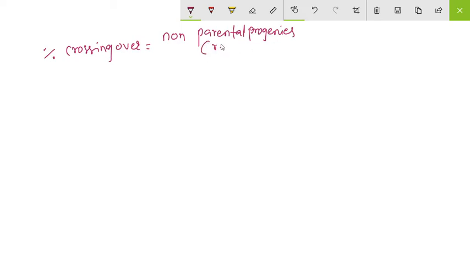We know the formula: percent crossing over is equal to the non-parental progenies, or we can say the recombinants.